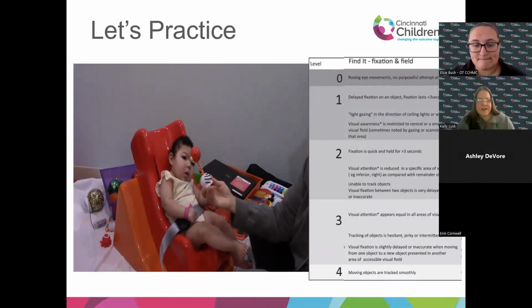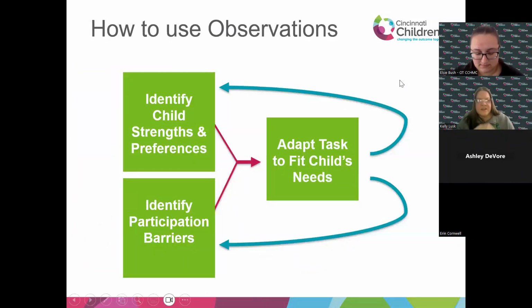Yeah, and I'm not sure that I would say, in the second one, that we were fully at a 2. I think she was moving towards a 2, and in this one, moving towards a 3. It's definitely improving, but I do think that there was still definitely a lot of delay.